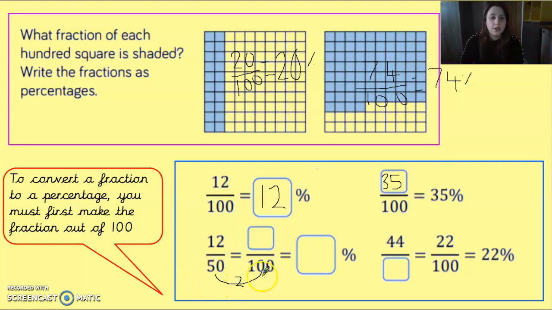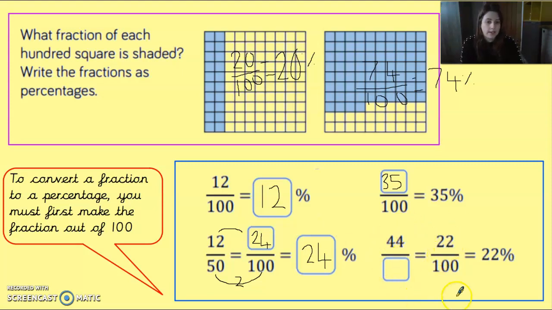I know that whatever I do to the bottom, I have to do to the top. So then I do 12 times 2, which would give me 24 over 100. So I have converted this fraction so it is now over 100 to help me out. And then I know that 24 over 100 is the same as 24%. So you just convert your fraction if it's not.